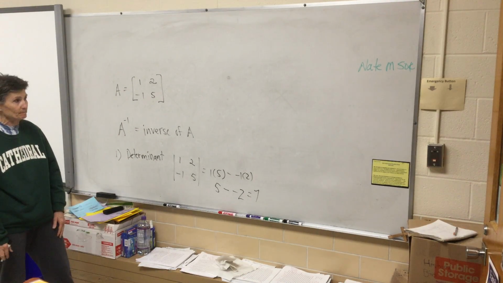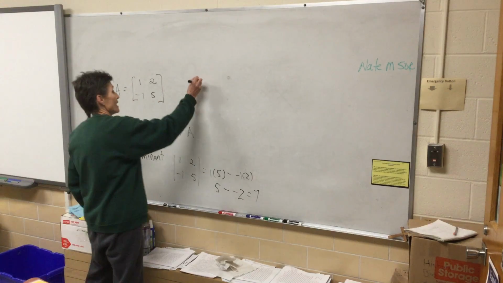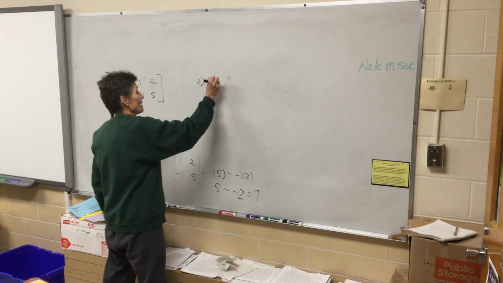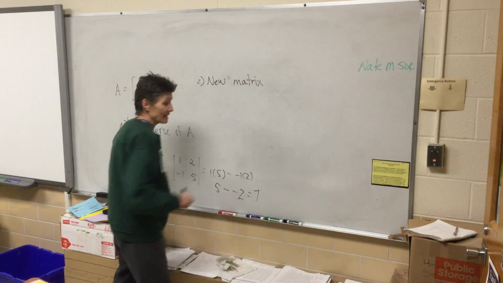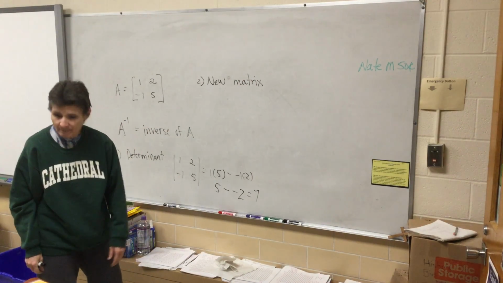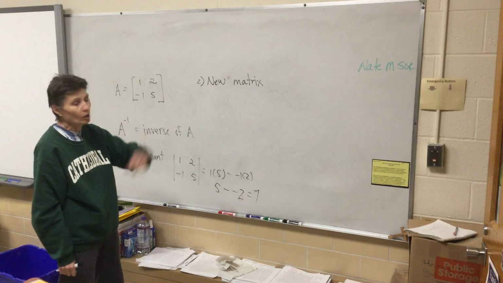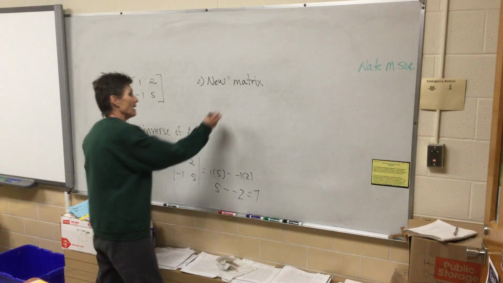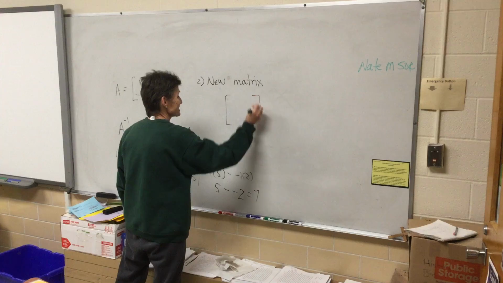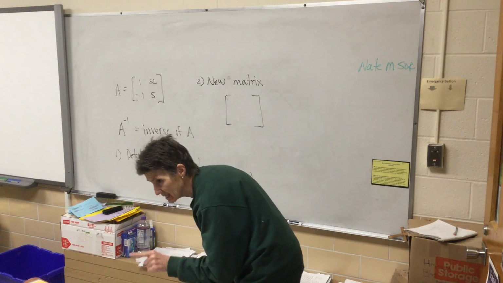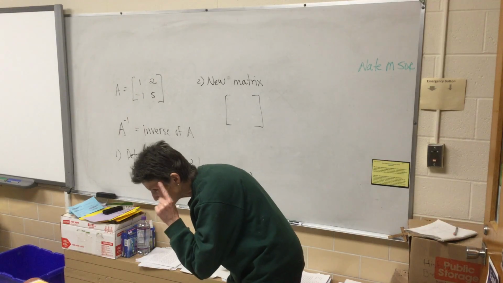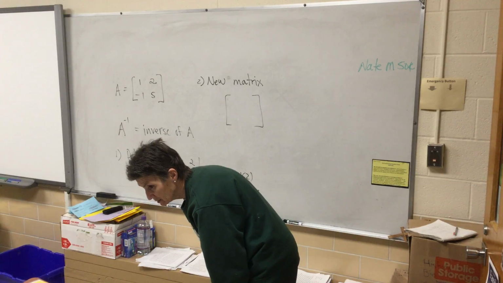Got it, 7. The second step is build a new matrix. It has a name, it's called the adjoint, but you don't need to worry about that. We're just going to call it a new matrix. And when we build the new matrix, this is the way we build it. Again, guys, very, very easy, but you have to keep all this straight.